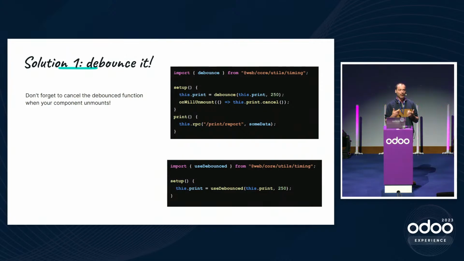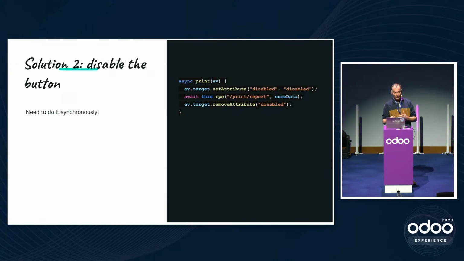It's the main function that you probably want to use if you want to debounce some user actions. Okay. Now, maybe debouncing your button is not what you want to do in some cases. For this case, another possible solution is to disable the button.